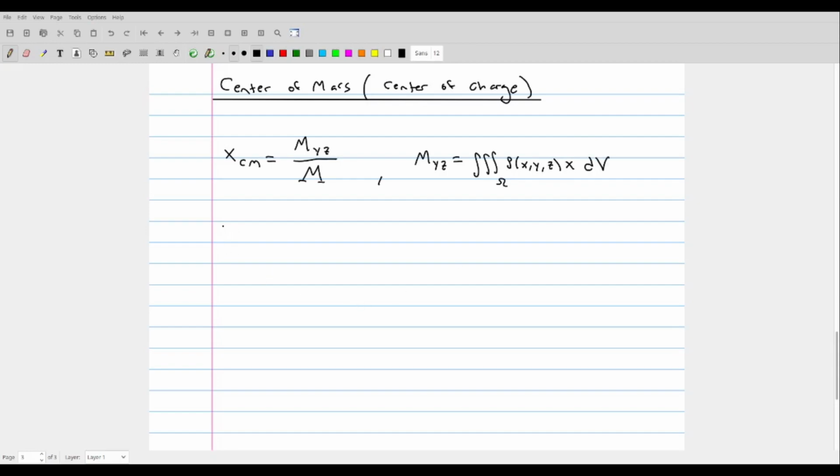And similarly, the y-coordinate of the center of mass is going to be the moment about the xz plane divided by m. This is the first moment with respect to the y-axis, and it's very similar. It's going to be the triple integral of the density function times y.